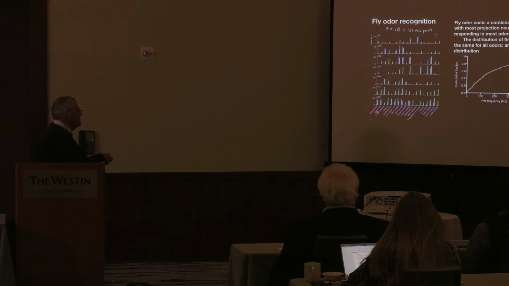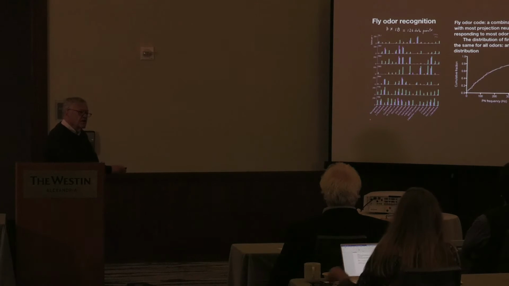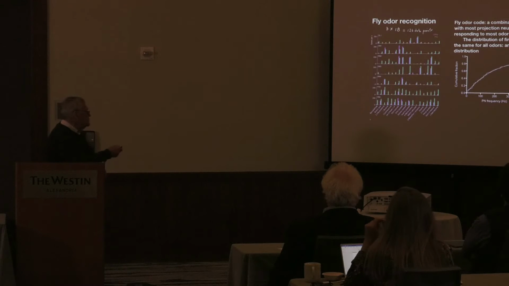And along here are 18 odors. Those 18 odors are shown twice. One of them is in this color. Those are the ORNs in the nose. And the second one is this color here. And so there it is, and there it is, and there it is. And those are the projection neurons from these 7 neurons going to the mushroom body.